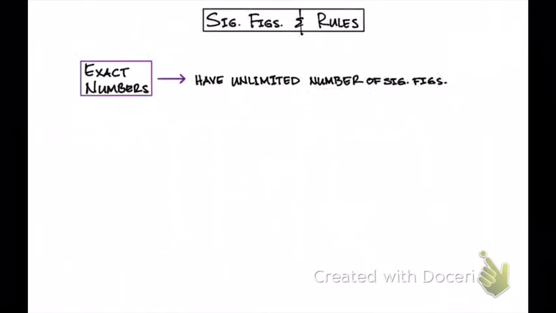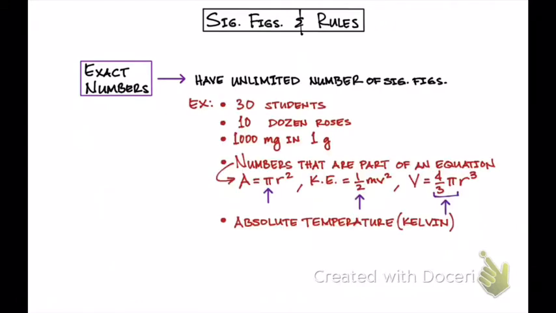So the last rule here involving counting significant figures or significant digits involves numbers that are exact, right? So exact numbers basically have an unlimited number of significant figures. So for example, if I counted that there are 30 students in this class, then that has an unlimited number of significant digits.